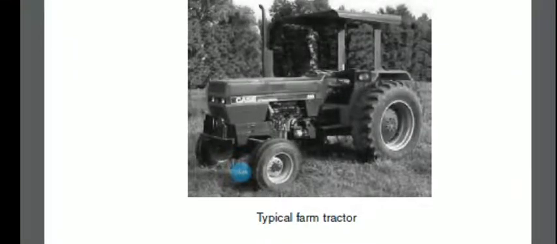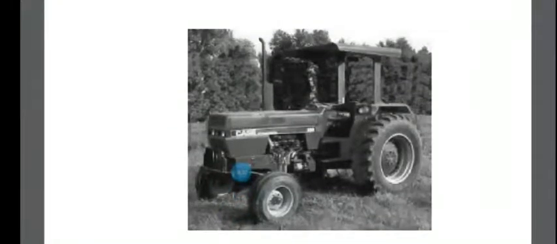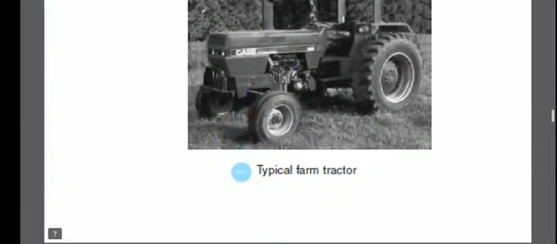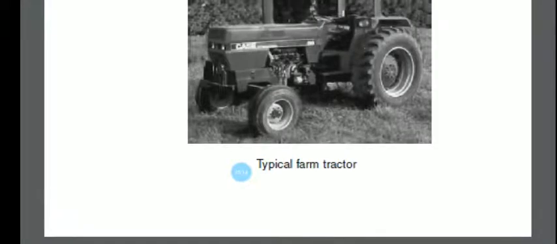The family earning is very high, nearly 15 to 20,000 or 30,000 per month, and the transfer of materials in an area can be done by this typical type of tractor.